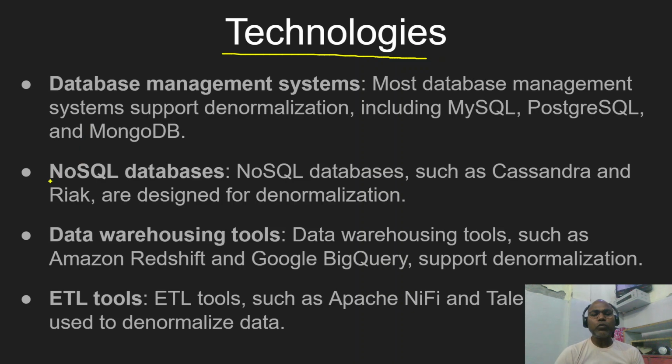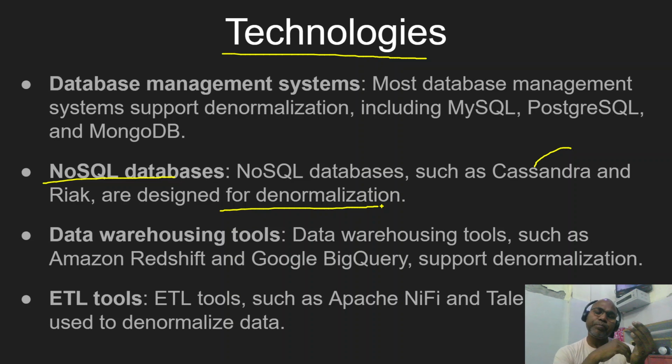Even all the NoSQL databases, especially MongoDB or Cassandra or Riak, are designed on the denormalization concept. Almost all NoSQL databases are designed around denormalization. They store redundant data, multiple copies, in multiple places, on multiple servers. So this is the basic concept of NoSQL databases.